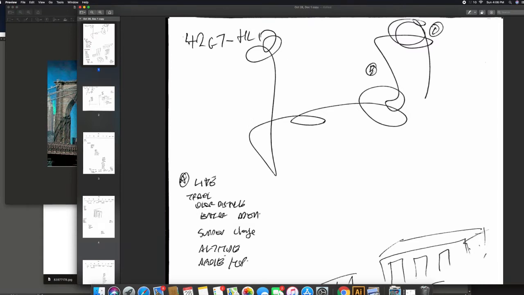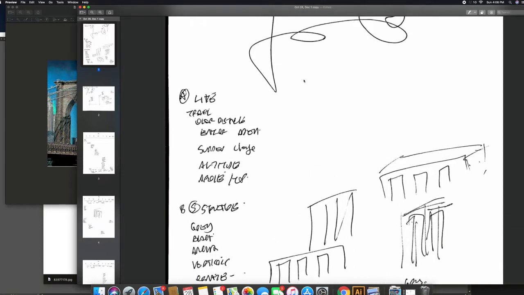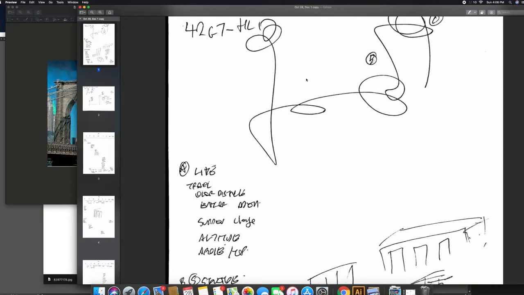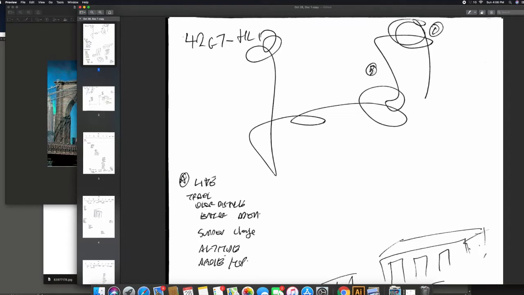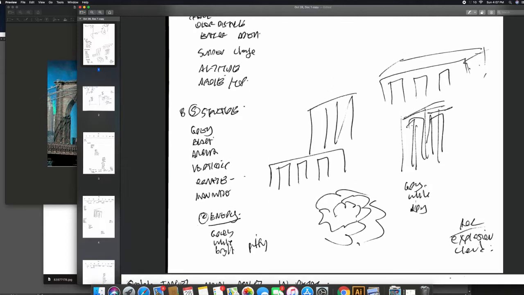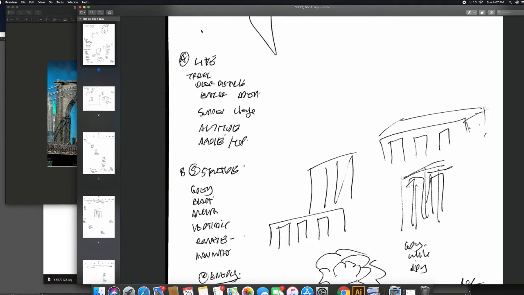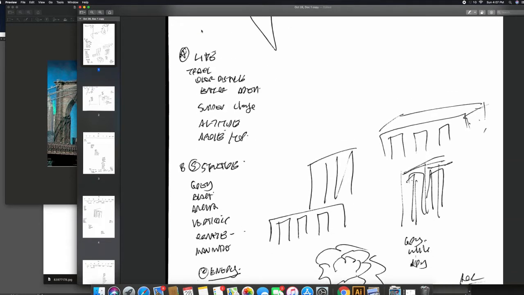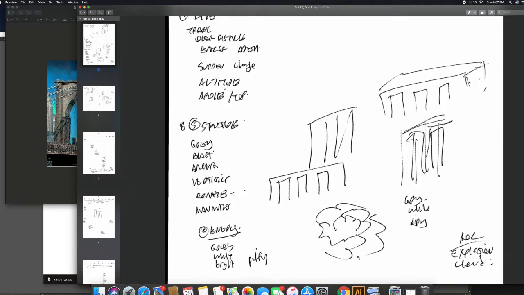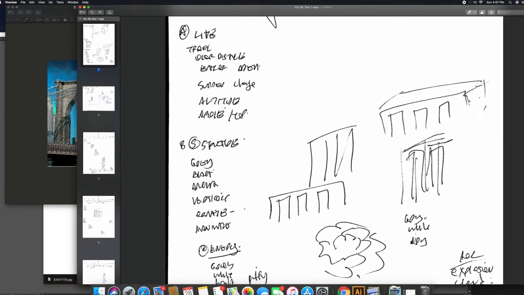Beginning with the ideogram, you can see that here I have an A aspect, B aspect, and a C aspect. Basically, in the first stage, you're identifying the main gestalts of the target. After this first stage, I ended up with the information that there's life at the target, like people.